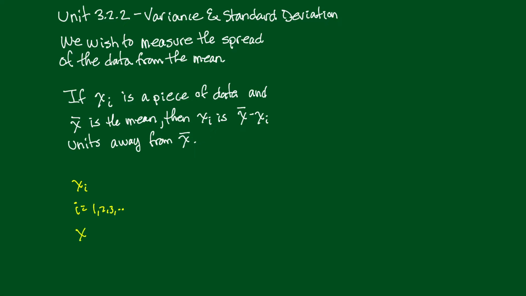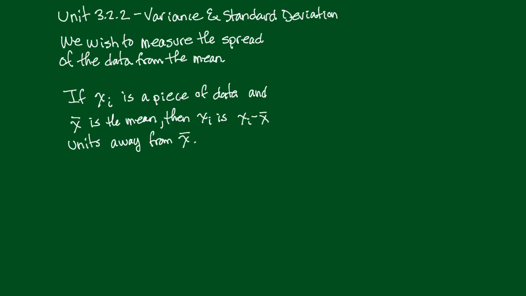So we could have x sub 1, x sub 2, x sub 3, x sub 4, and i could be any number. All it says is that x sub whatever is a piece of data: the first piece, the second piece, the third piece, and so on.